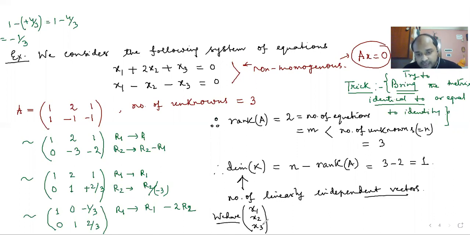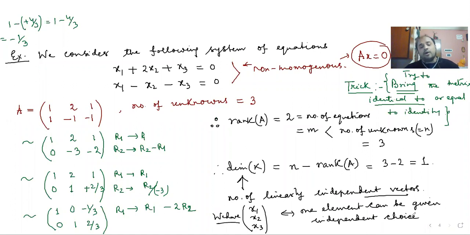Out of these 3 elements, one element can be given an independent choice. This one element can be either x1 or x2 or x3, as you wish. There is no restriction on which element to select. This is our choice. Only one will become independent.